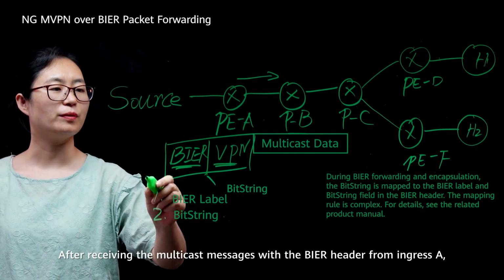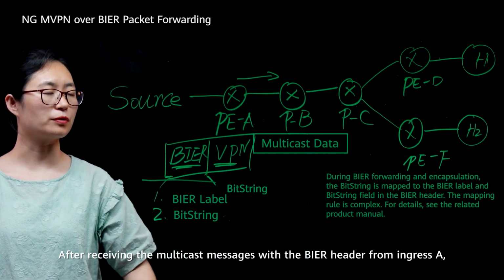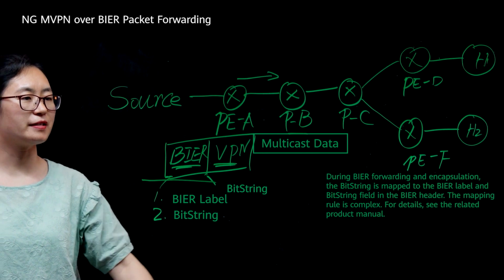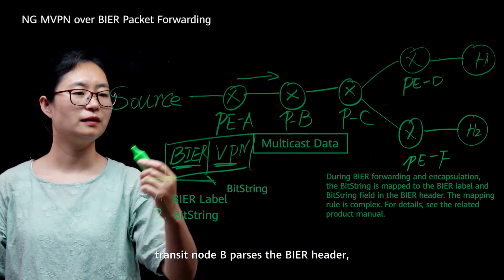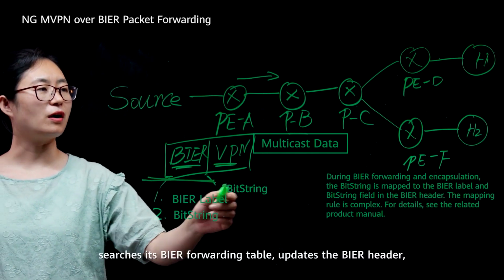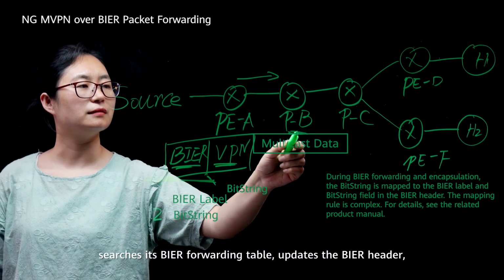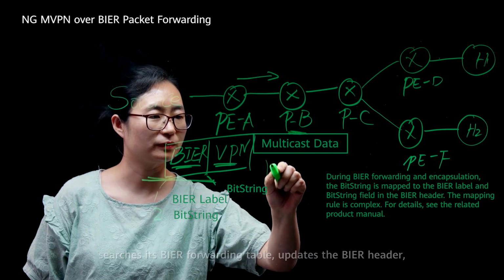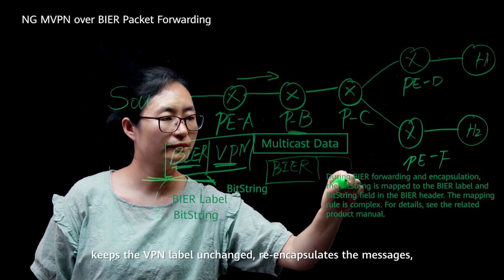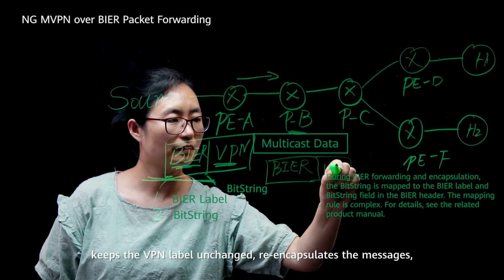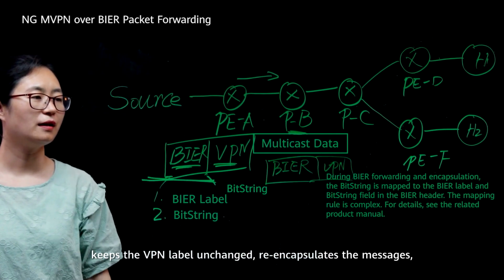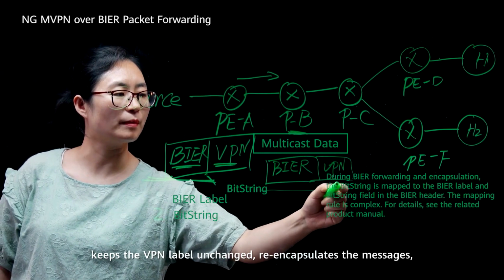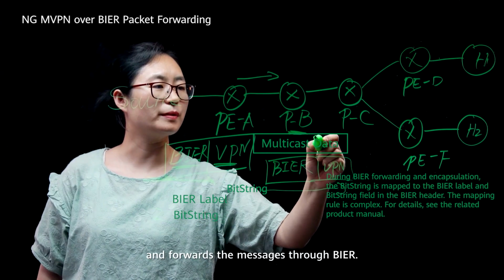After receiving the multicast messages with the BIER header from Ingress A, Transit node B parses the BIER header, searches its BIER forwarding table, updates the BIER header, keeps the VPN label unchanged, re-encapsulates the messages, and forwards the messages through BIER.